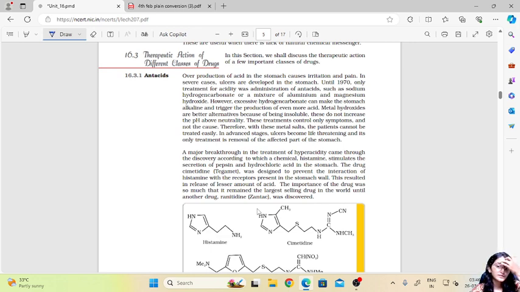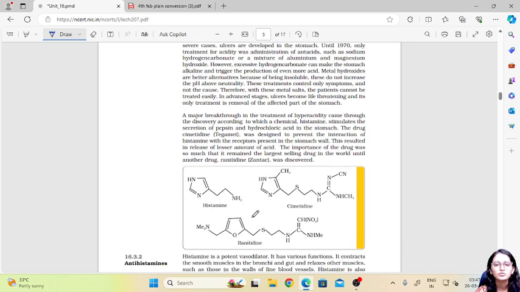Acidity was treated by administration of sodium hydrogen carbonate or a mixture of aluminium and magnesium hydroxide. Magnesium is mostly used to treat this. A major breakthrough in the treatment of hyperacidity came through the discovery that the chemical histamine stimulates the secretion of pepsin and hydrochloric acid in the stomach.